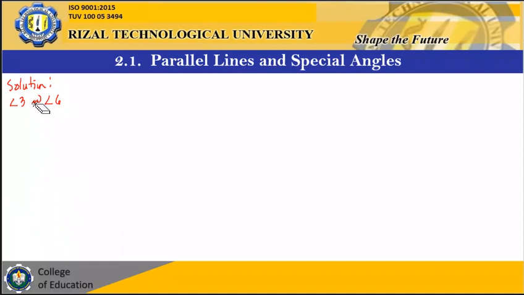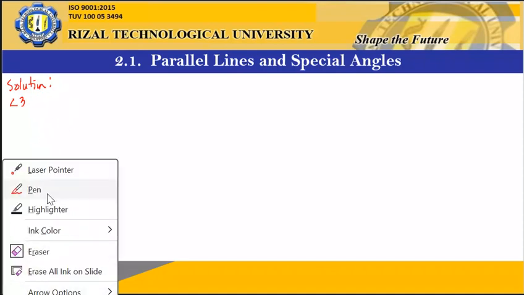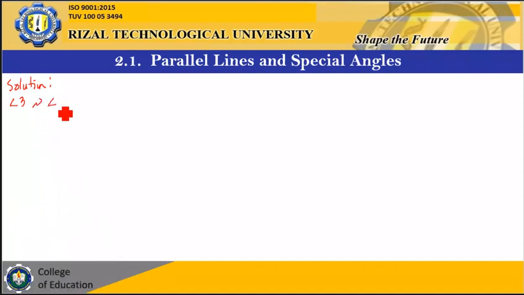Angle 3 and angle 5 are interior angles on the same side of the transversal.